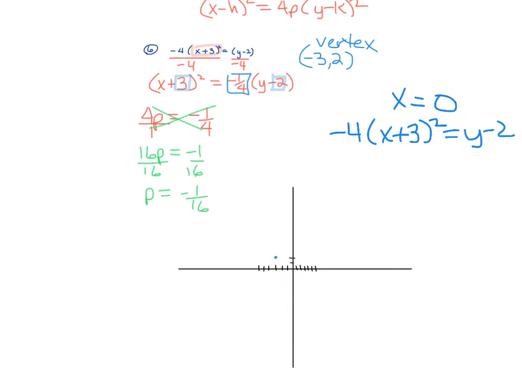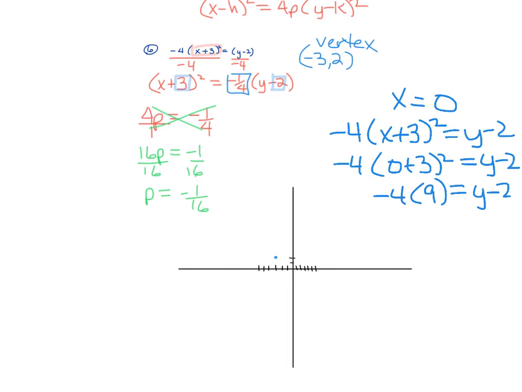So here is my original. -4 times 0 plus 3 squared, y minus 2. -4 times 9, -36 equals y minus 2.